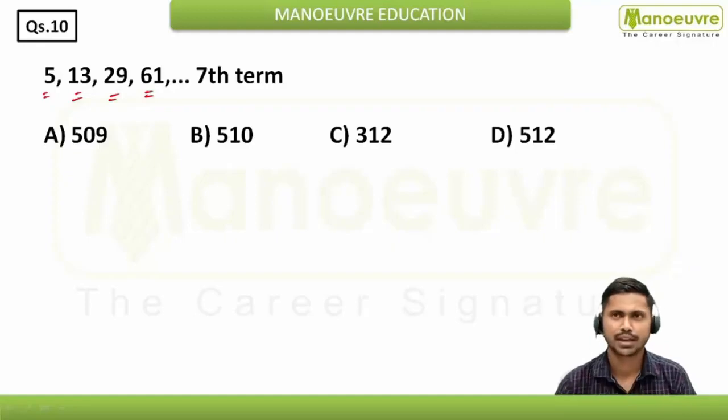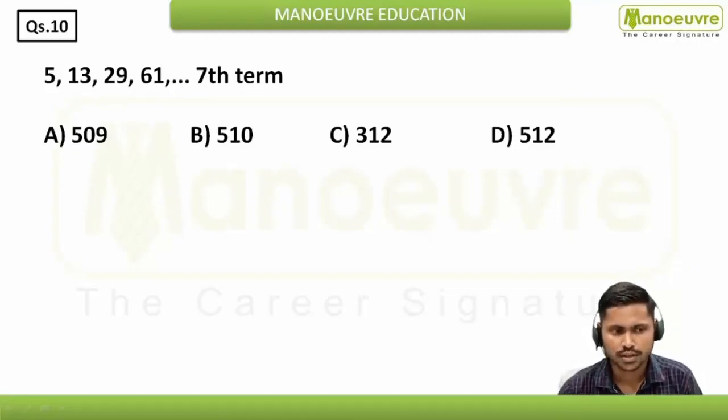So in multiplication, what can it be? It can be a cube, it can be a square, all these things we have to check out. Okay? So here if you observe, 5 is nothing but 2 cube minus 3, right?